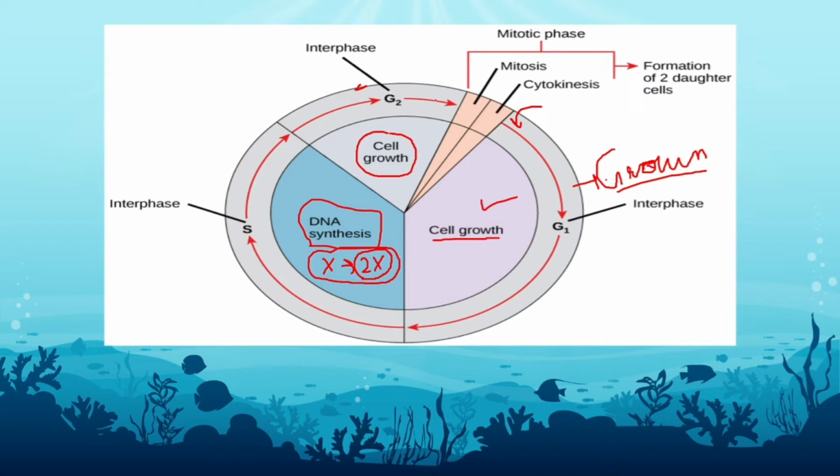In the mitotic phase, the nuclear material, that is the chromosomes, is divided so that one cell becomes two. That is known as karyokinesis. And after that cytokinesis takes place, that is the division of the cytoplasmic material of the cell from one into two.